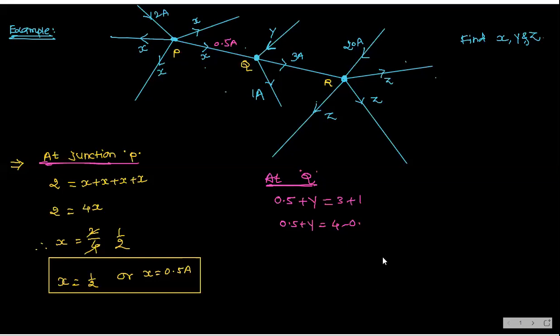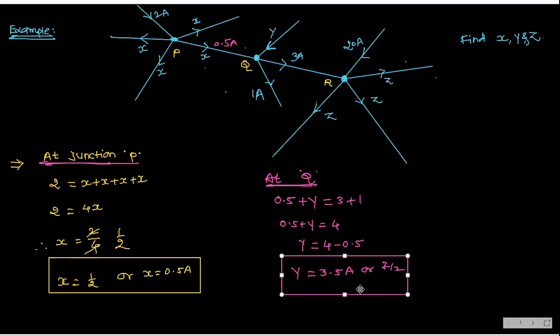So y is equal to 4 minus 0.5. So y is how much? 3.5 ampere. That is 7/2 also. Those who got 7/2, write only that. This is 7/2 or 3.5.